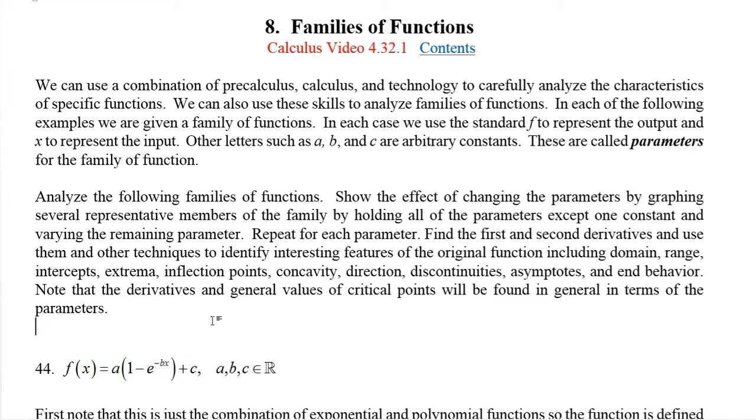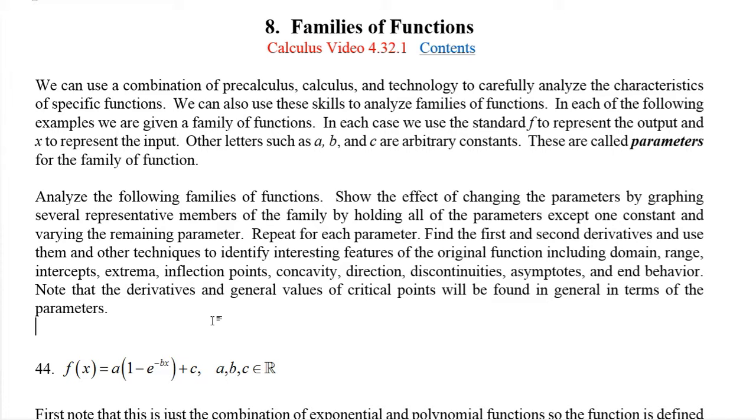And we're going to talk about all the kind of interesting things like the domain, the range, the x and y intercepts, the global and local extrema, any inflection points it might have. We'll talk about the direction and concavity of the graph, if it has any discontinuities, any endpoints, asymptotes, and then end behavior. And so, in short, any kind of interesting thing that we might find about the function, we're going to try to do that.